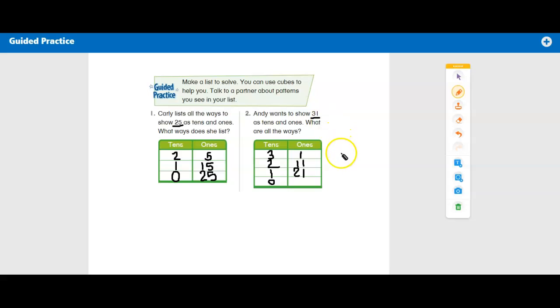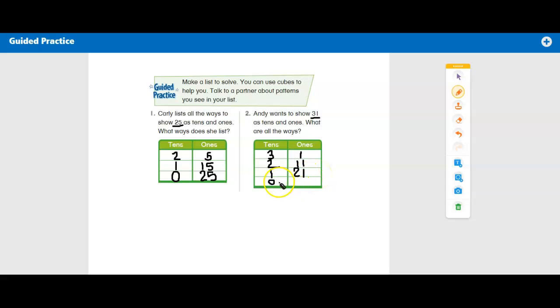You can already notice our pattern. In our tens column, each time we decrease by 1 ten, we are increasing by 10 in the 1 column. We have 1, 11, 21.